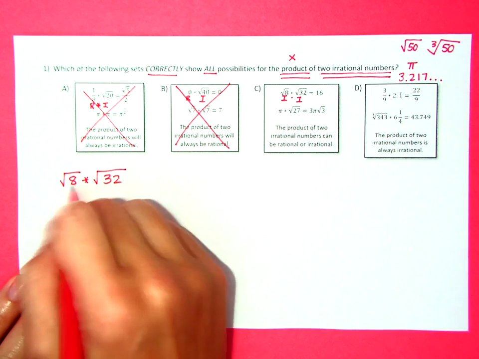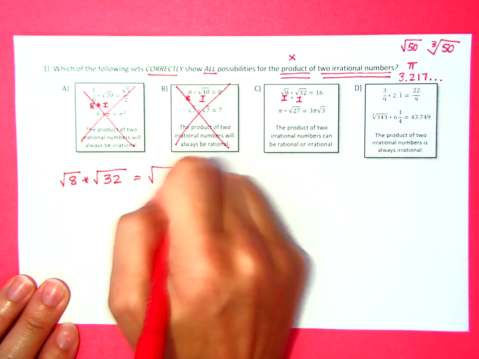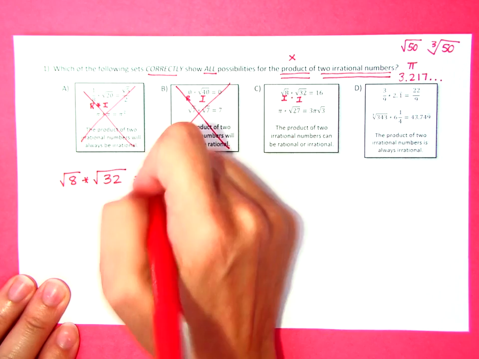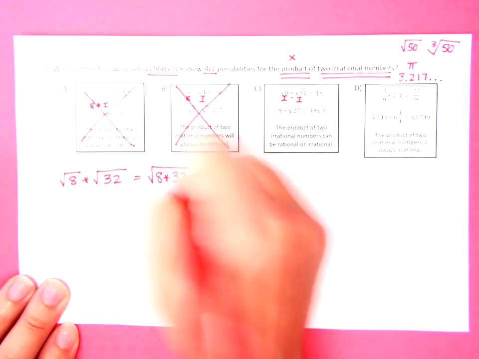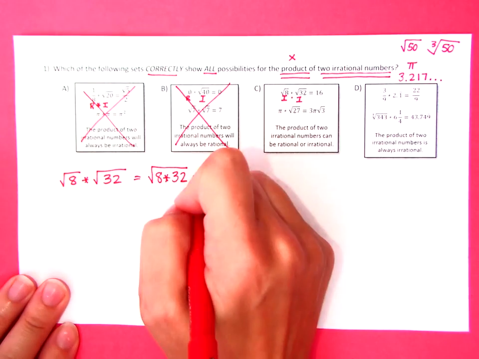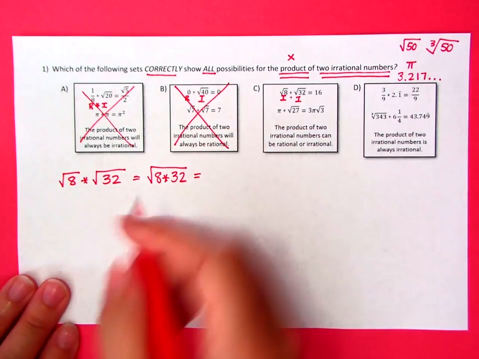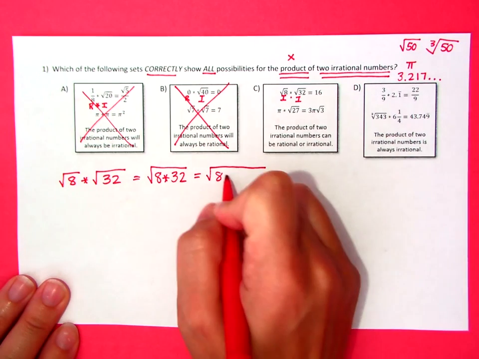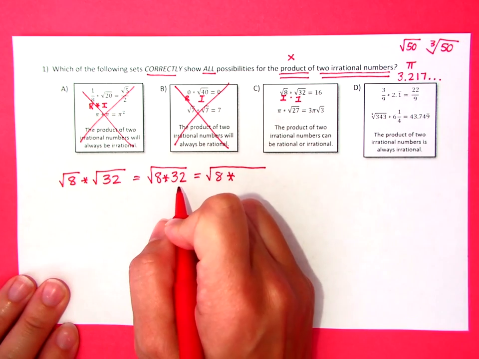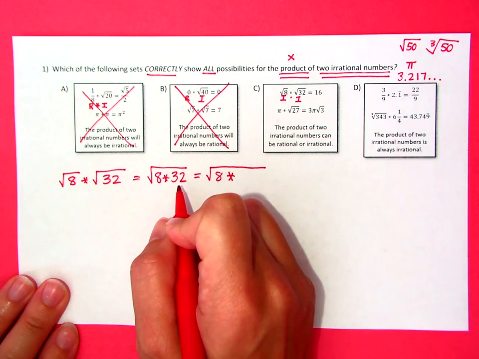Now, when you multiply with radicals, one of the properties is you can put them under the same radical symbol. So here I have 8 times 32 now. I'm going to go ahead and break 32 down into a product of some other different numbers. So let me show you. For example, here's that first 8 times 32. If you think of that, it has factors of 8 and 4.